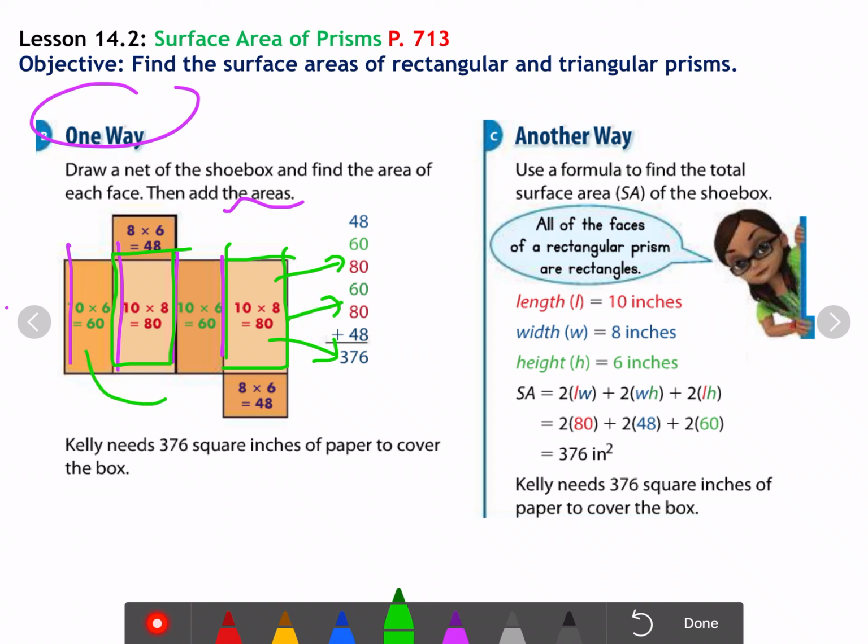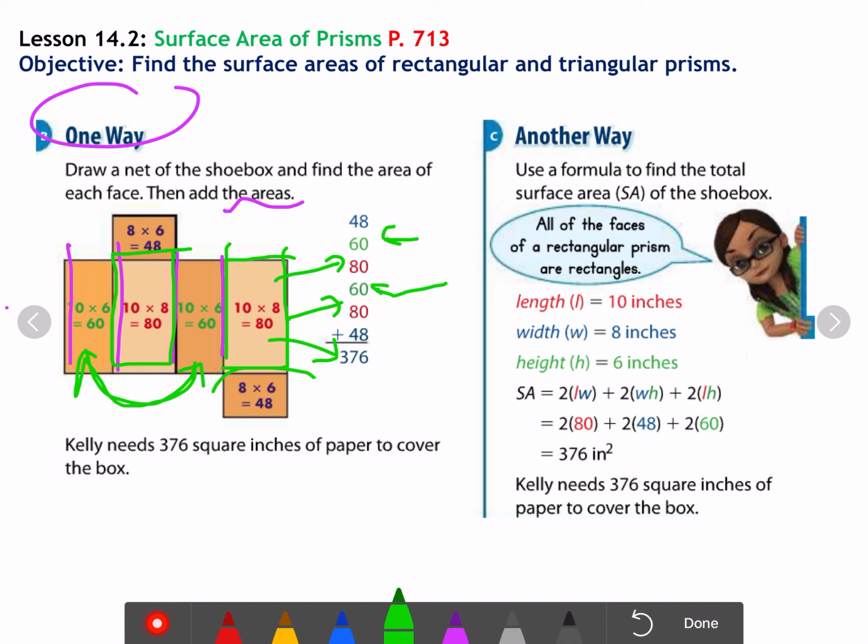And these two rectangles, which we can say are the up and down or left and right rectangles, have the same area, 10 multiplied by 6. So both will be 60.